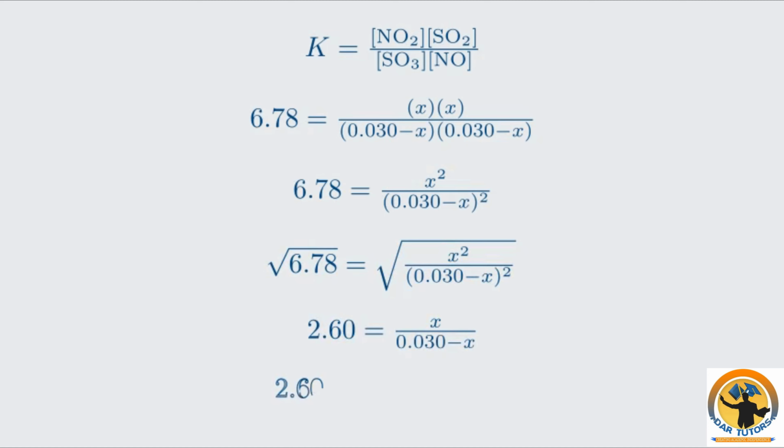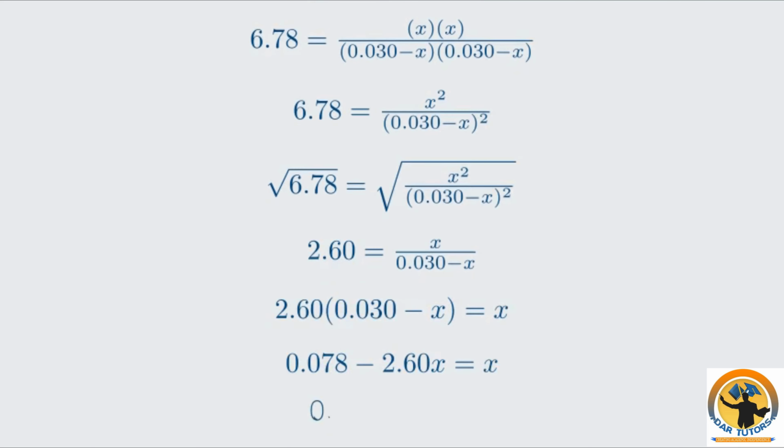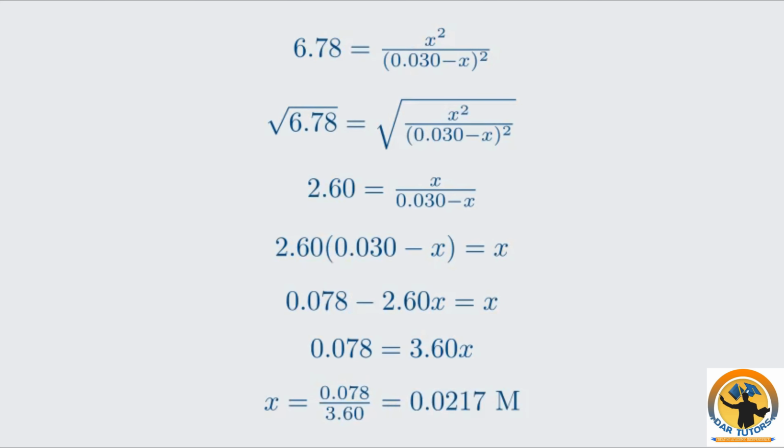Multiply by the denominator to get 2.60 times (0.030 minus X) equals X. Distribute the 2.60 to get 0.078 minus 2.60X equals X. Group the X terms on one side. 0.078 equals 3.60X. Solve for X equals 0.078 divided by 3.60, which is approximately 0.0217 m.